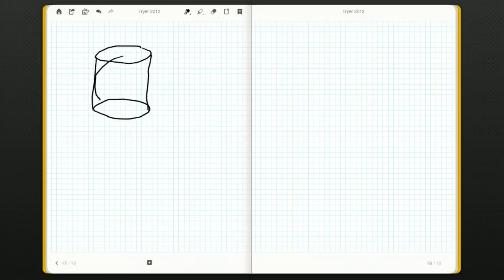We have a sphere in here. We want to relate the height and the radius.